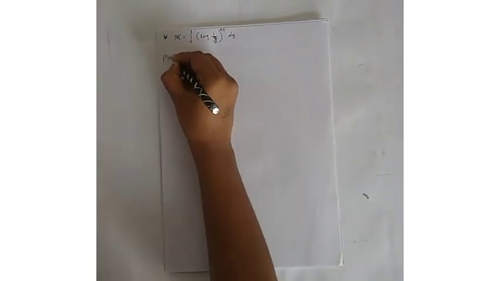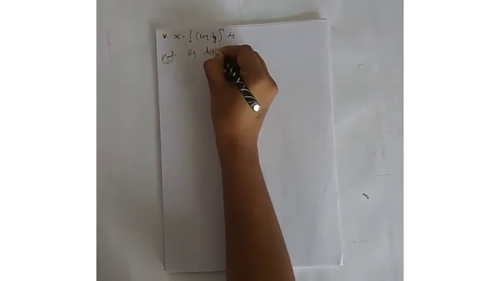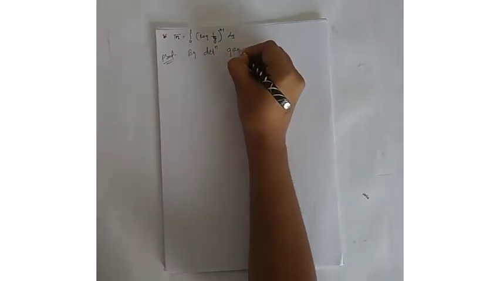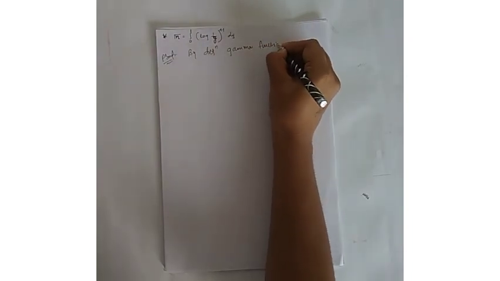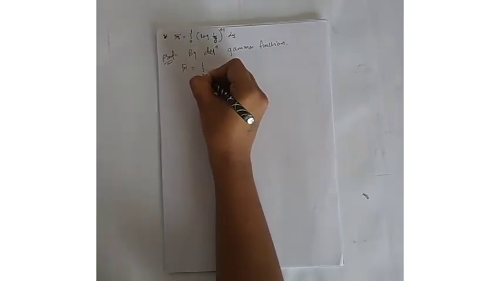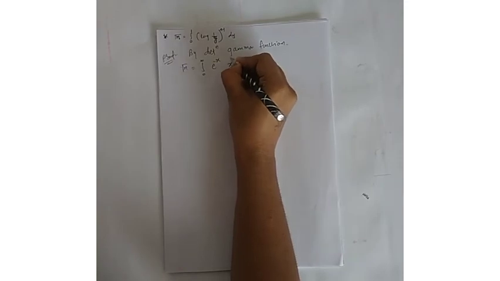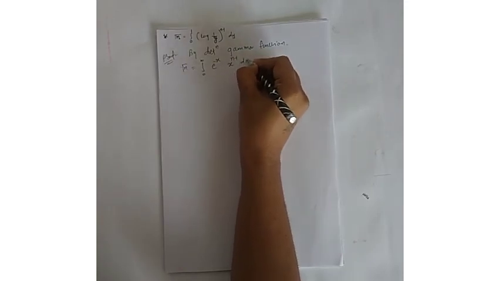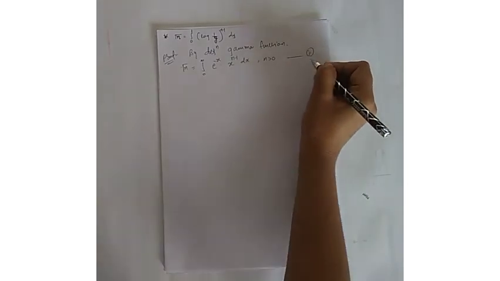Proof: by definition of gamma function, gamma n is equal to integration with limit 0 to infinity e raised to minus x into x raised to n minus 1 into dx, where n greater than 0. Call it equation number 1.